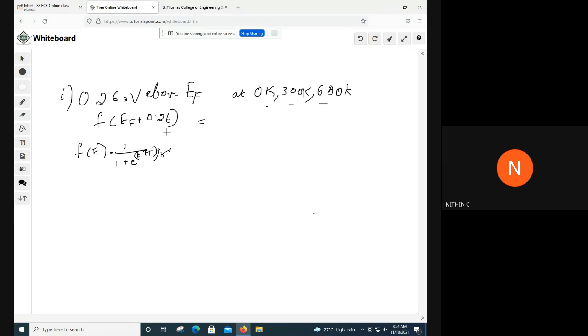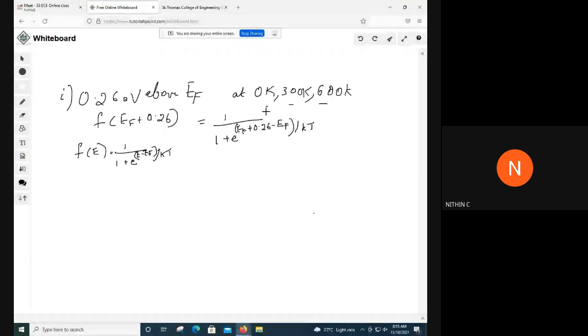You need to substitute EF plus 0.26 in this expression in place of E. Substitute EF plus 0.26 for E. So it will be 1 by 1 plus e raised to EF plus 0.26 minus EF by kT. Correct. So initially the first part, the value of temperature is 0 Kelvin.